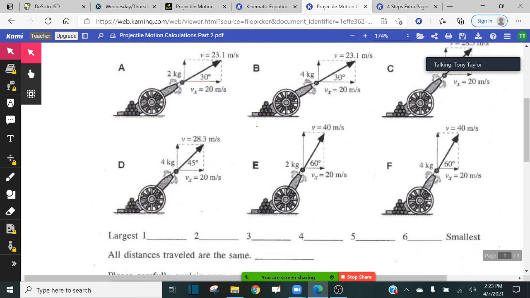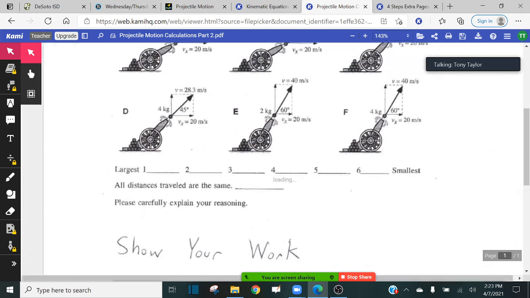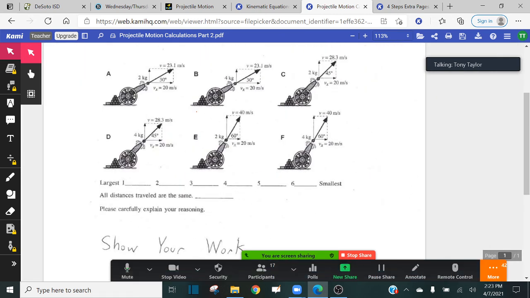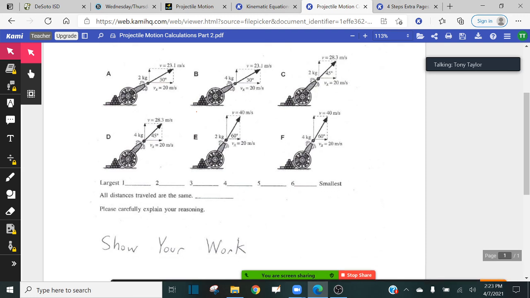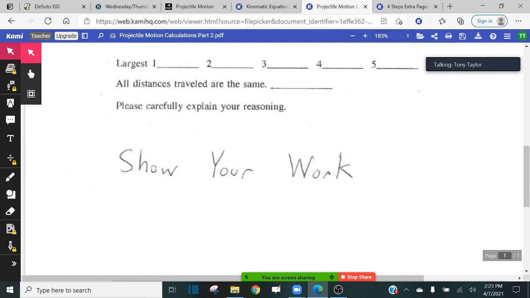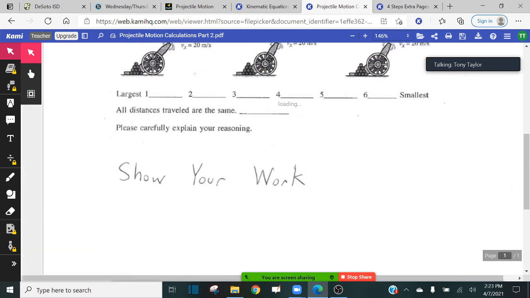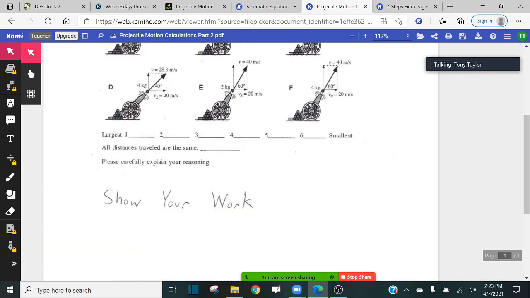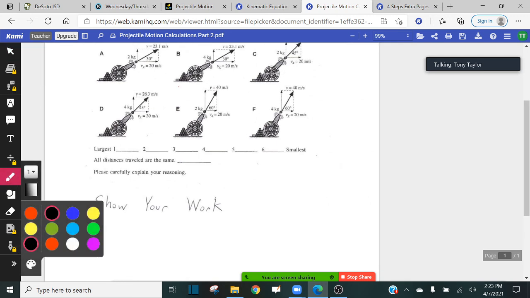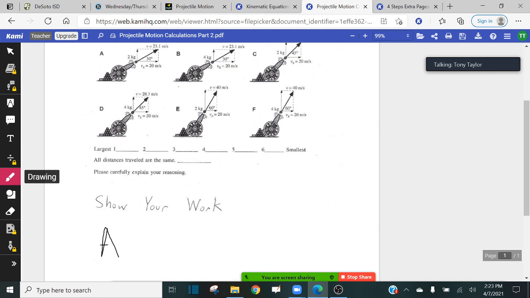Now, last thing that I want to tell you today is how to do your rankings. Remember, as soon as you're done finding the distances for all of these, you want to rank from greatest to smallest. Let's just say you want to rank them like this, where A is the greatest, and then you would put B, and then you would put E, and you would keep going.